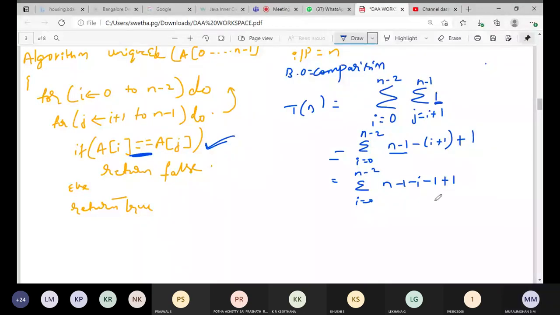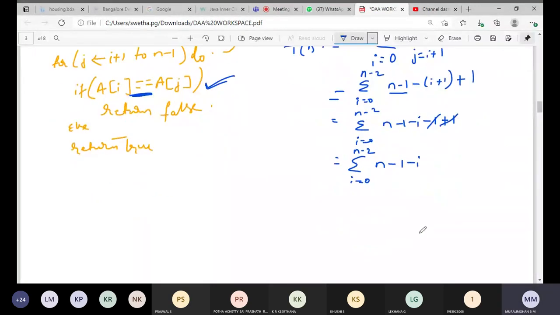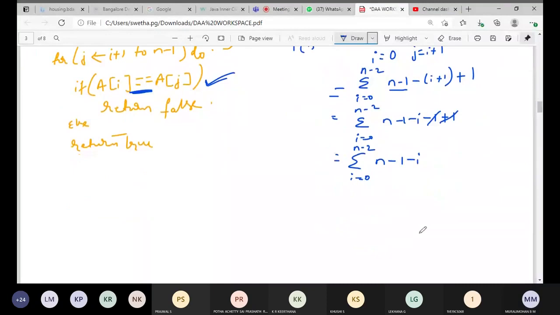So minus 1 plus 1 will cancel. So we are left with I is equal to 0 to n minus 2 of n minus 1 minus I. Right? Is it correct?